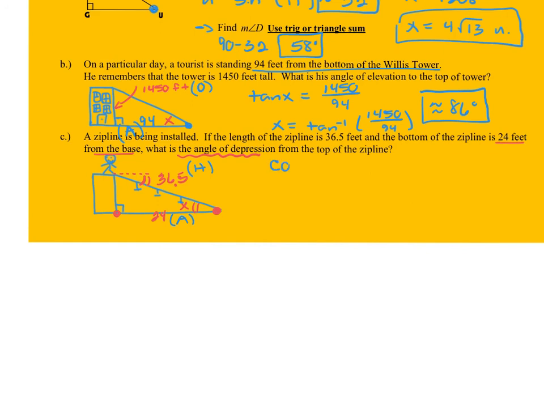So cosine of X is adjacent over the hypotenuse. To type it on our calculator, we're going to say inverse cosine of 24 over 36.5, and we'll get approximately 49 degrees. All right, so that's a quick review of basic trigonometry, and we've got some practice problems, of course, for you to do.